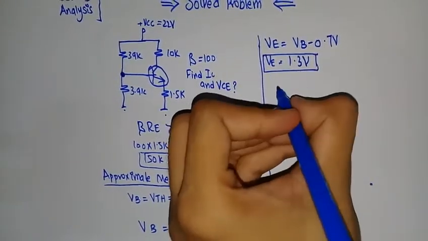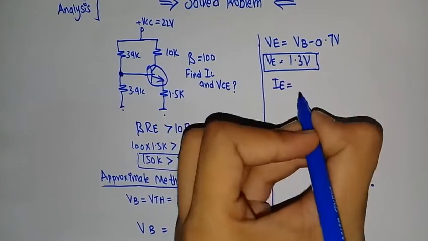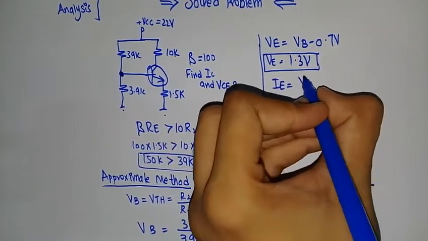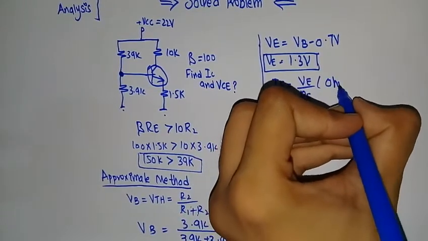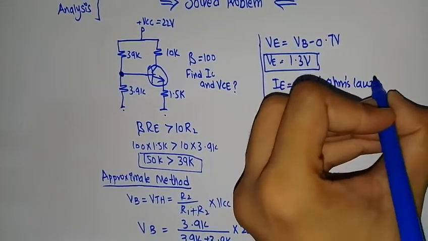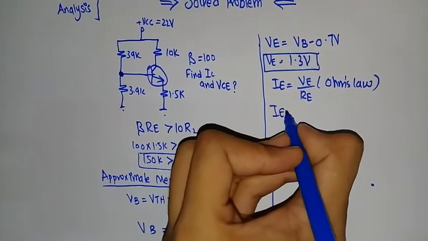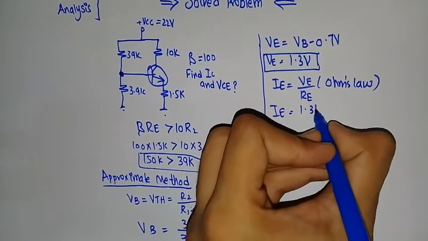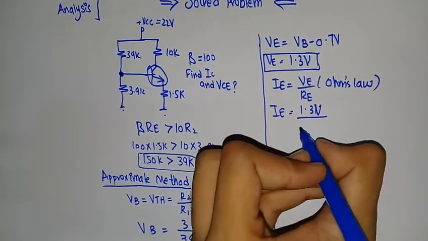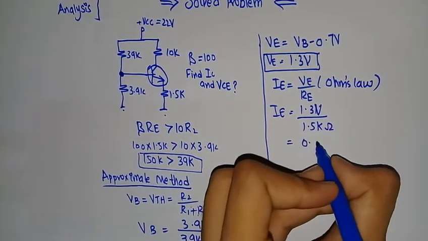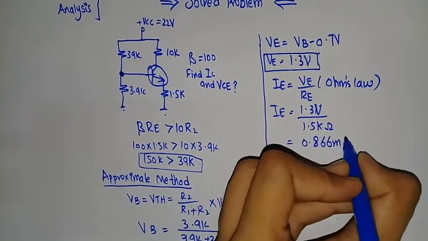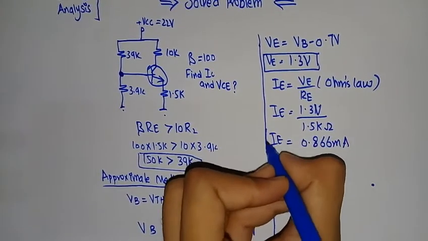From the emitter voltage you can find the emitter current. The emitter current is calculated as VE divided by RE, from Ohm's law. So IE will be equal to VE of 1.3 volts divided by 1.5k. This will be equal to 0.866 milliamps.